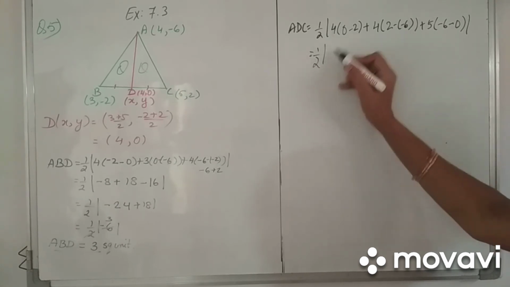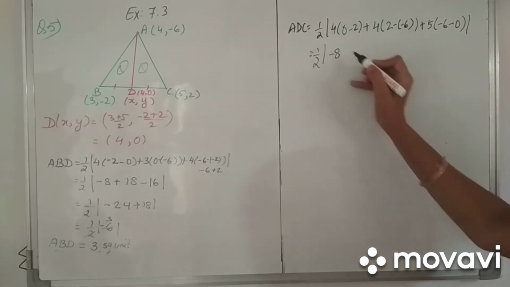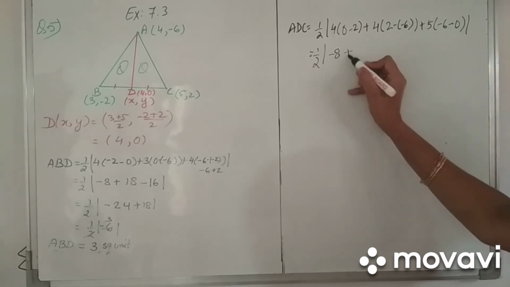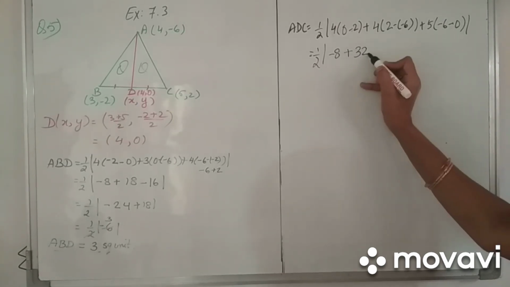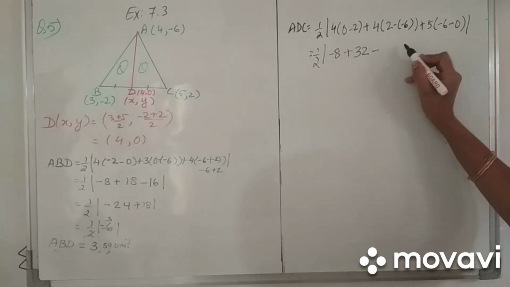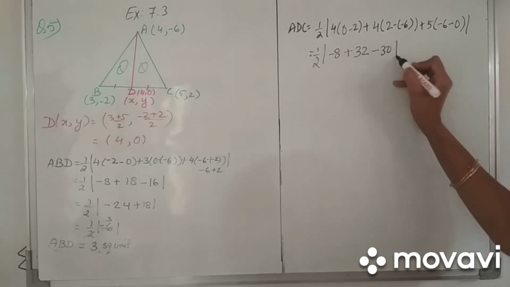Half into mod of 4 into minus 2 is minus 8. Then minus minus consecutive, so plus 6, so 8. 4 8s are 32. Now 5 into minus 6, minus 30 you will get.